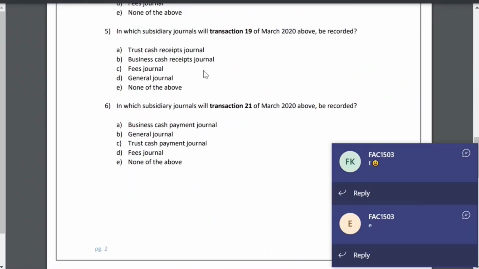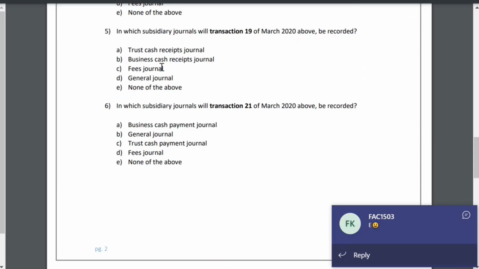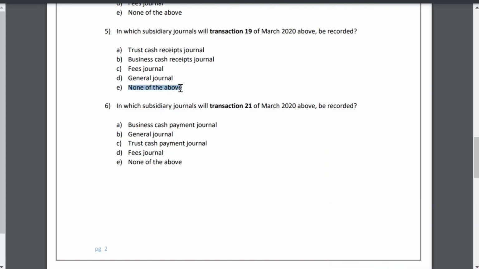The options are Trust Cash Receipts Journal, Business Cash Receipts Journal, Fees Journal, General Journal, or none of the above. Elisha is saying E, Faith E, and Tepiso E. Well done, guys. The answer is E because this is Business Cash Payment Journal.